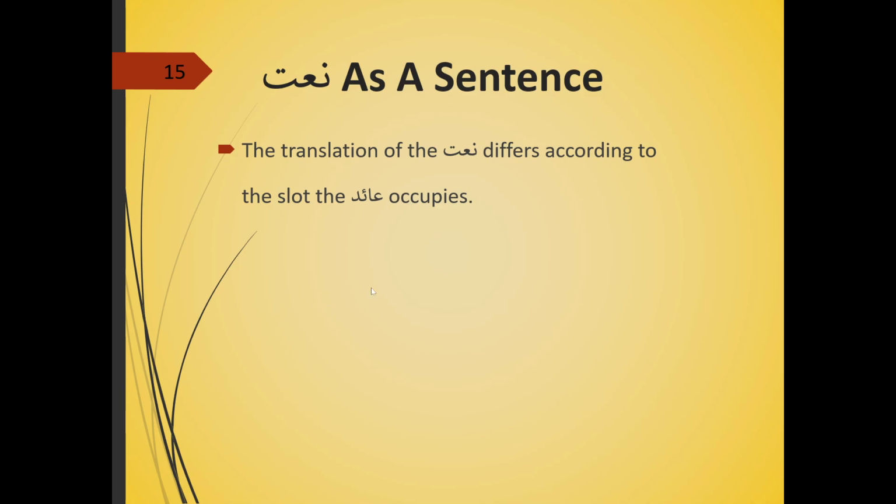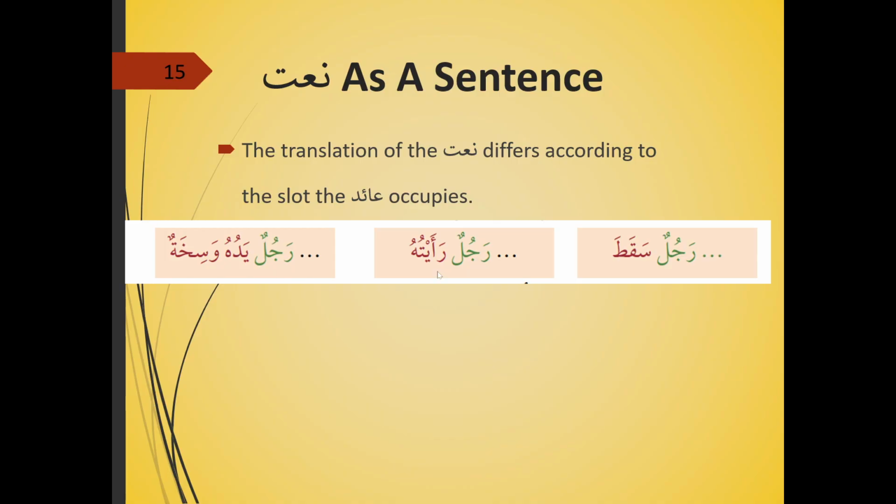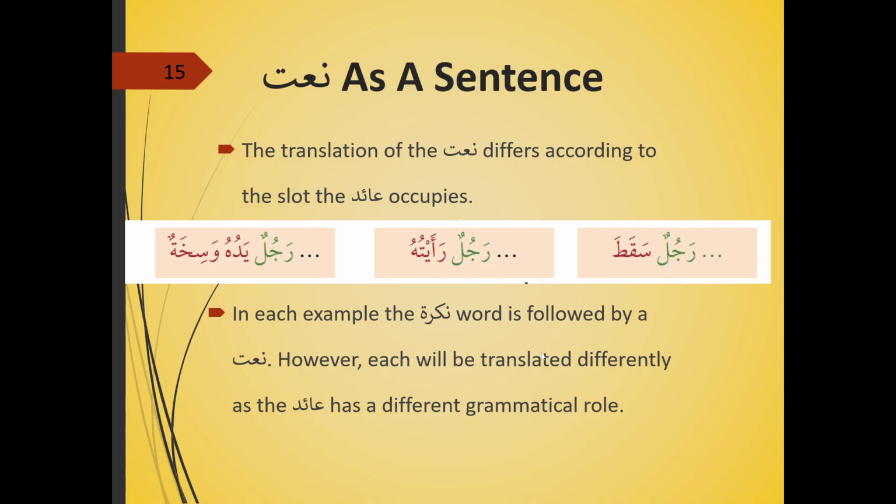But there are other slots that an a'id can occupy. In each example, the nakirah word rajulun, same nakirah word that I'm using, is followed by a na'tun, but each will be translated differently depending on the a'id's role.